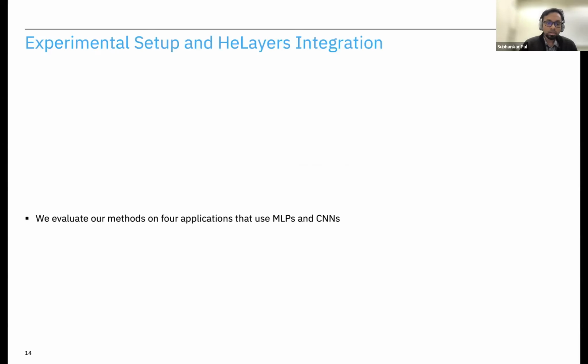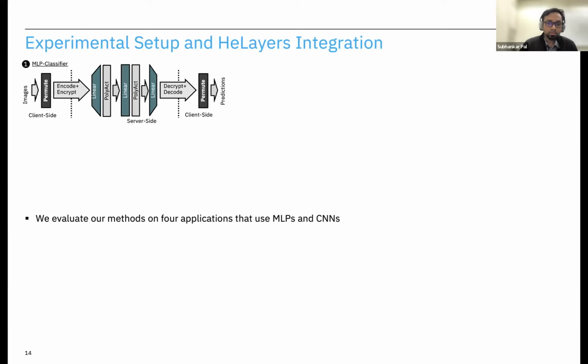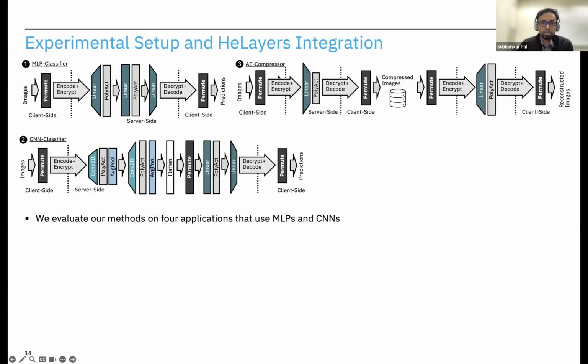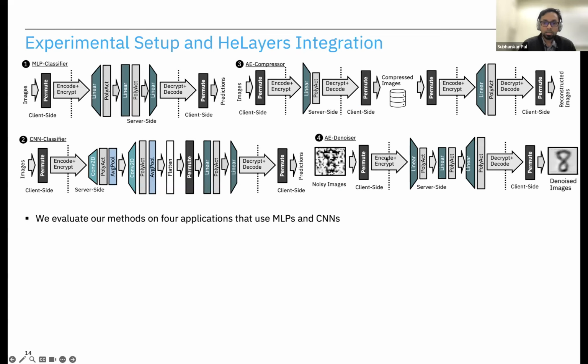Okay, so we evaluate our methods on 4 applications. The first one is an MLP, or multi-layer perceptron-based classifier, for classifying images. There's another classifier which is based on CNNs. And then we also evaluate autoencoders. There's an autoencoder for image compression, and we also evaluate one for image denoising.